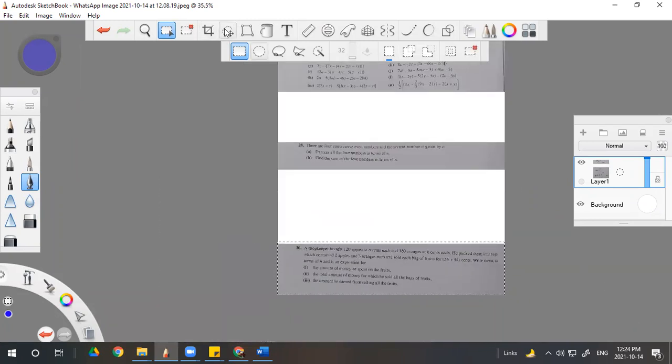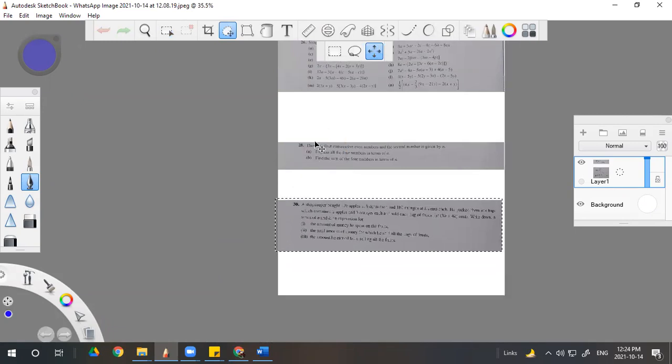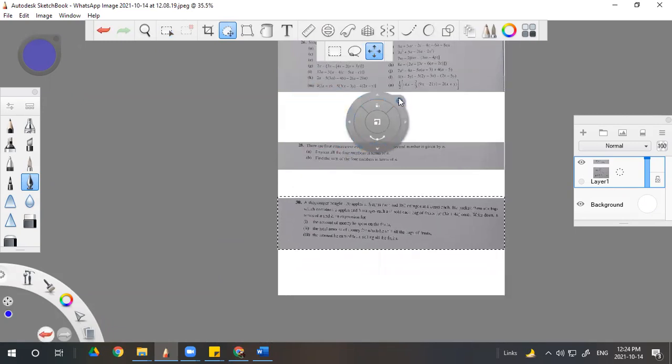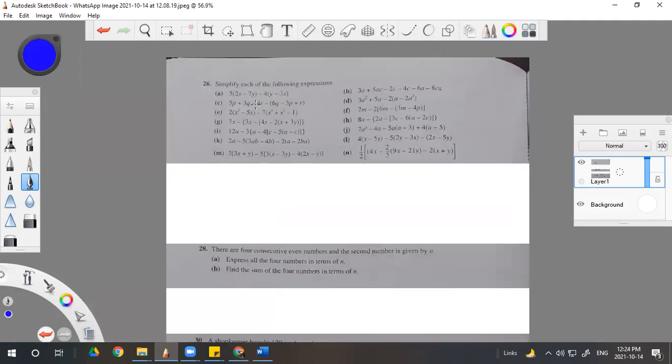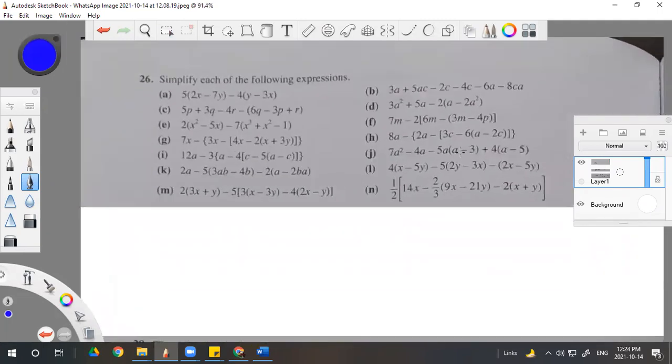Ini pindahin dulu dikit ke atas. Iya, muat kayaknya. Oke, saya bikin sebagian-sebagian aja ya. Since this is even, I will do this. Yang susah-susah aja, yang gini lah ya, biar lebih ketahuan, biar lebih kayak enhancing your logic.